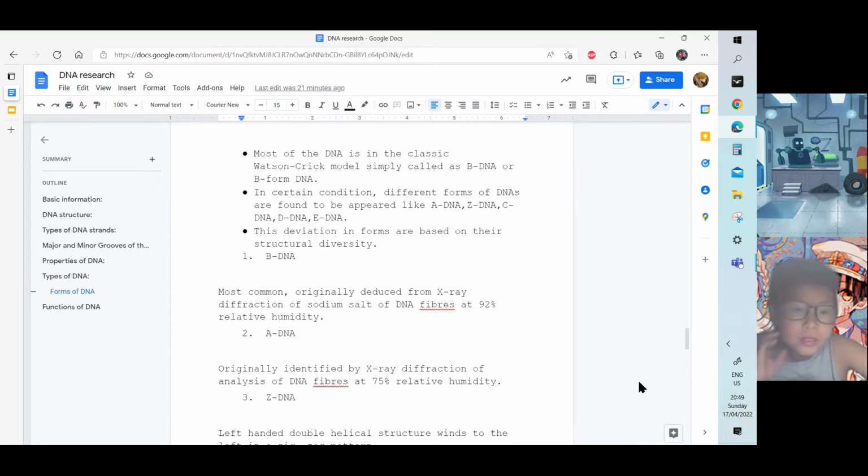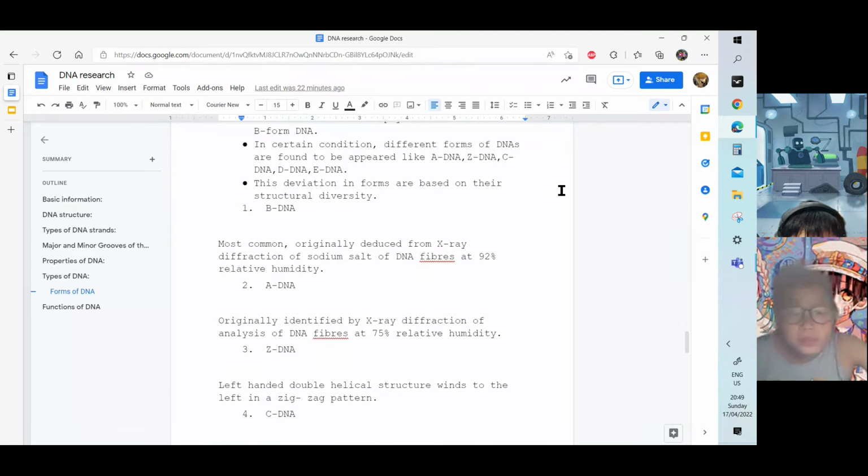Number 1, B-DNA. Most common, originally deduced from X-ray diffraction of sodium salt of DNA fibers at 92% relative humidity. 2, A-DNA, originally identified by X-ray diffraction analysis of DNA fibers at 75% relative humidity. 3, Z-DNA.